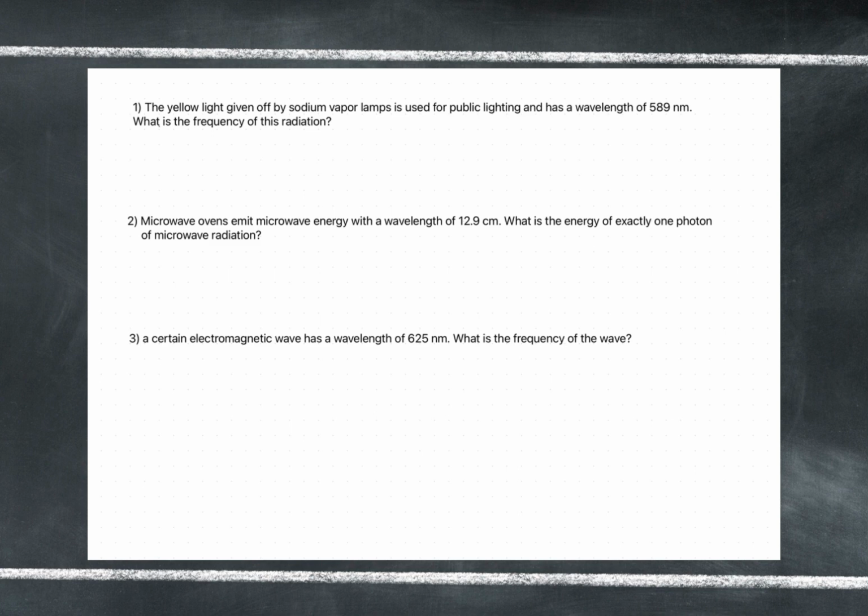So, when we're trying to figure out frequency, we're talking about a wave. We know that much. And we see, okay, it's yellow light, so it's visible light. We can see the light. So our visible light formula is c, speed of light, equals lambda times v, or frequency.